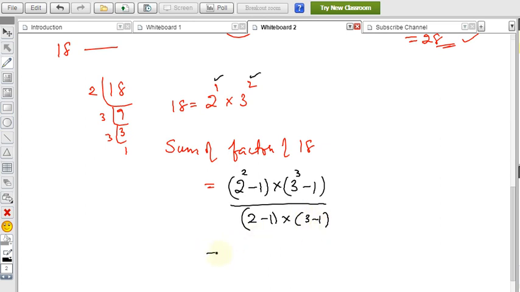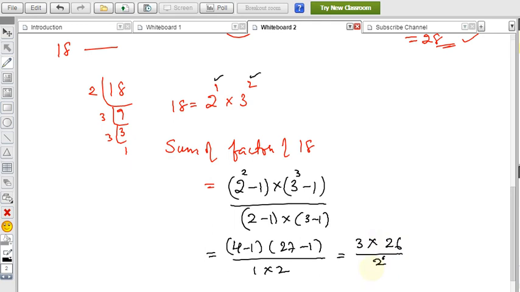The base as it is, you can write as the denominator: 4 minus 1 into 3 power 3. So there is a 9, 9 3s are 27, minus 1, by 1 into 2. 4 minus 1 is 3, 27 minus 1 is 26, by 2. So 2 ones are 2, 13 3s are 39.